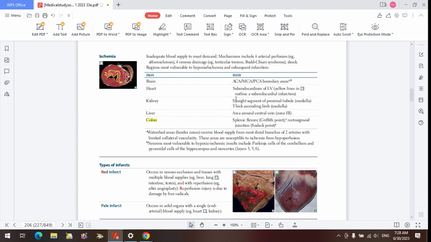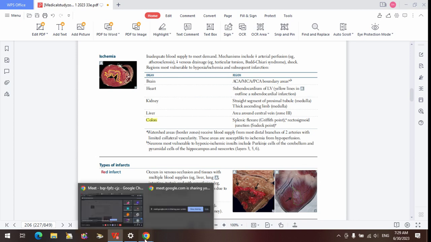Now, the concept of watershed areas are some specific border zones in the body or in an organ that are only supplied by the distal branches of two major arteries without any collateral supply. Let us look at one image here I was able to get online just to help us understand.